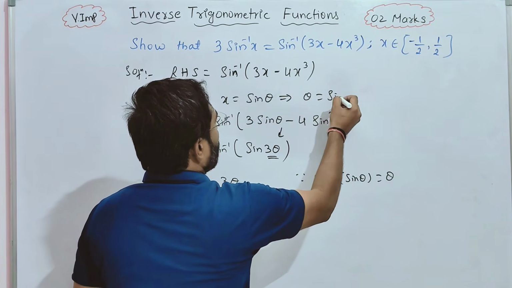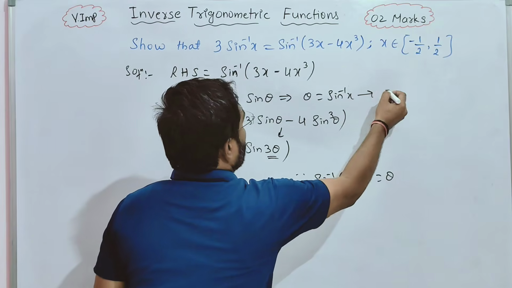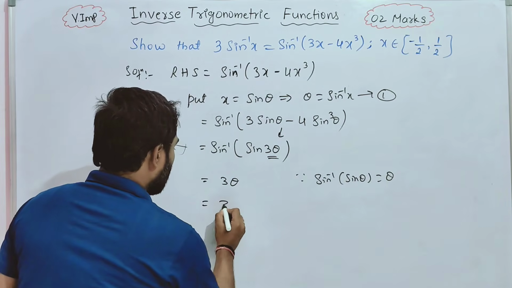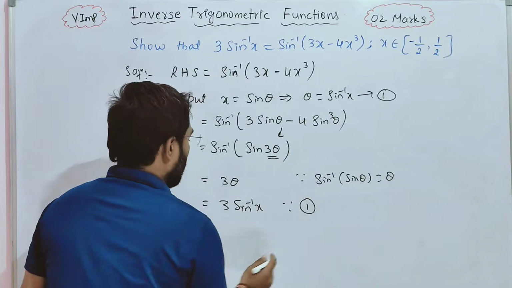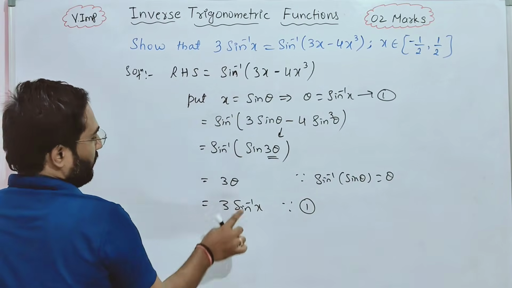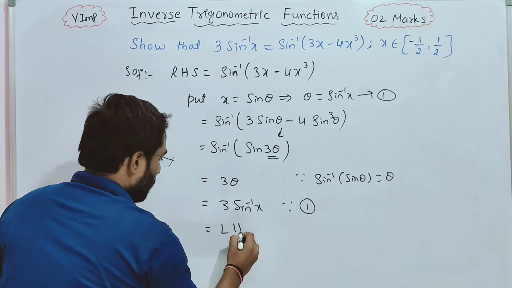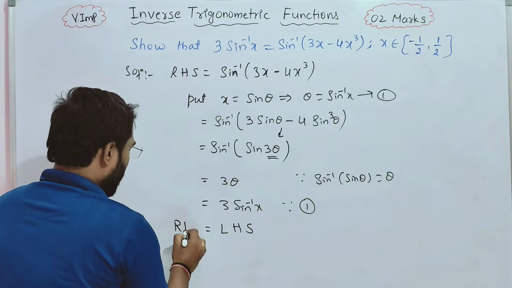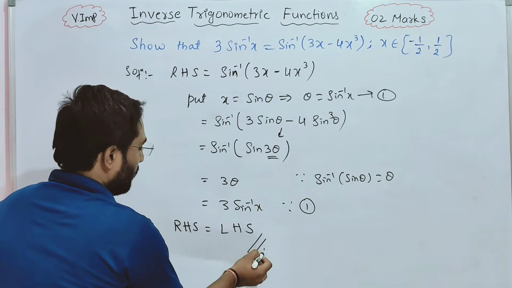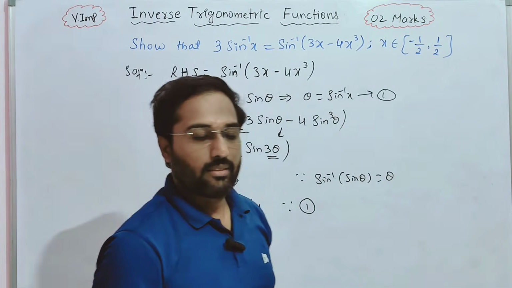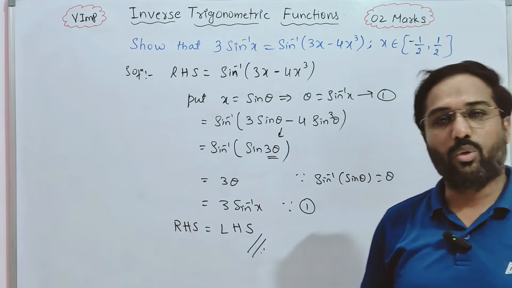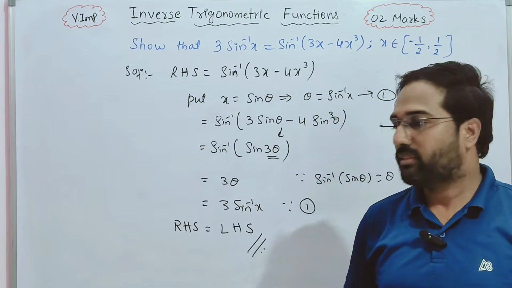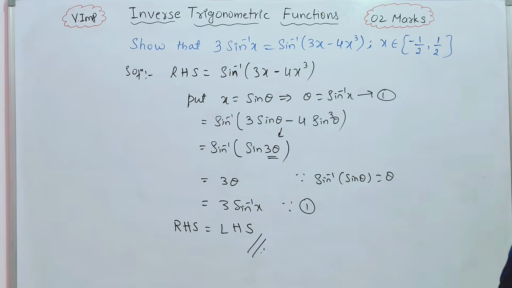Theta is equals to sine inverse of x. That is 3 sine inverse of x from equation number 1. Isn't it LHS? 3 sine inverse of x. So from RHS, we have proven this to LHS. So just remember the formulas and practice once or twice. Definitely you're going to nail these. Okay, just look into it.